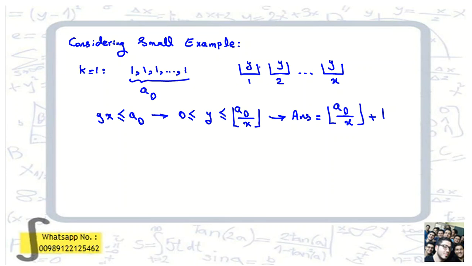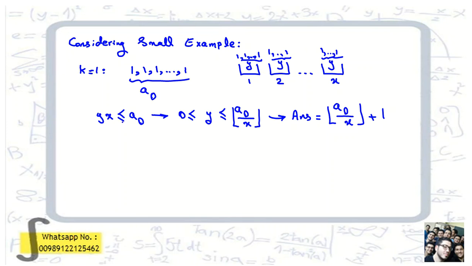If I want to place y in each bag, then yx must be less than or equal to A0, because the sum of them would be yx, and you can reach it in all cases if yx is less than or equal to A0 because all of them are 1.